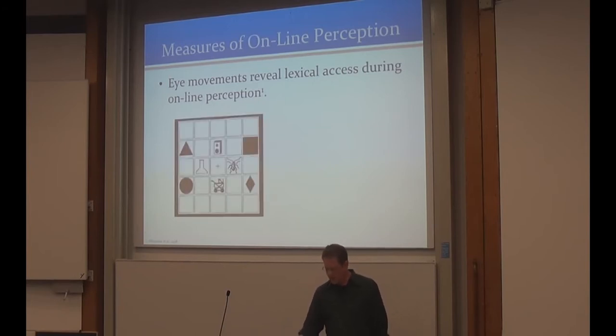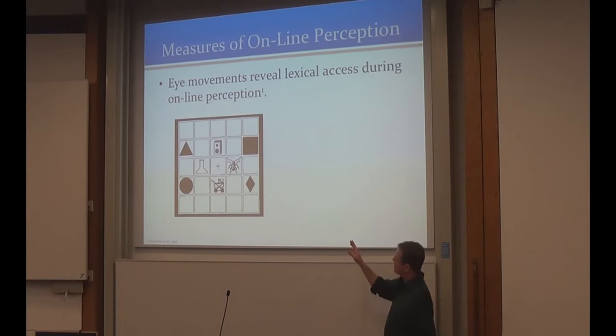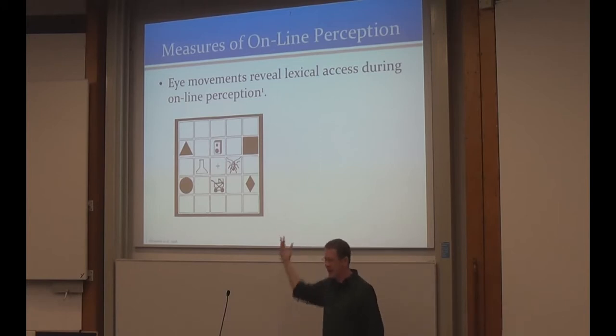So, for example, in a classic study by Tanenhaus, Allopenna, and colleagues, a person might see a display like this with 4 objects on it, a beaker, a speaker, a beetle, and a carriage. Carriage is the control item. The spoken utterance says click on the blank.